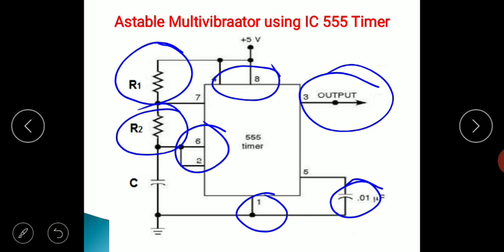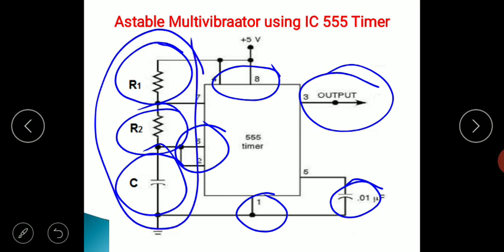And lastly, between the shorted pins 6 and 2 and the ground, we have to connect the capacitor C. So along with the timer IC, externally we are using 3 components, that is resistors R1, R2 and capacitor C, and these 3 components decide the nature of the output waveform generated.